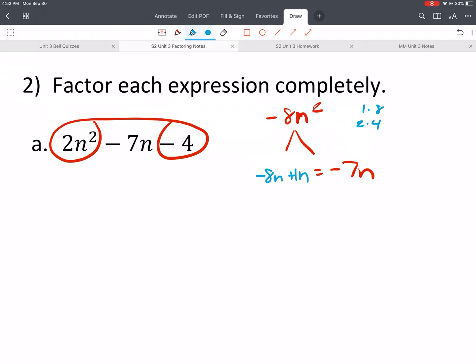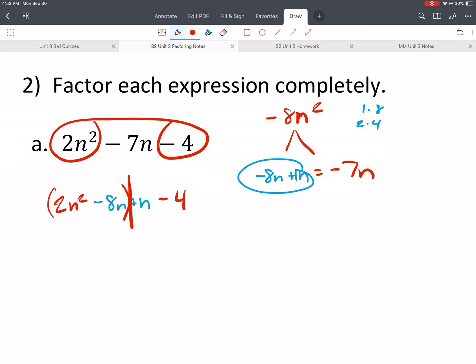Okay, so we would substitute that in. We'll still have our 2n squared, but then we'd have our negative 8n plus n, and then we still have our negative 4. We do it by grouping. So that's the only difference between when a is 1 and a is not 1, is that we need to do grouping.